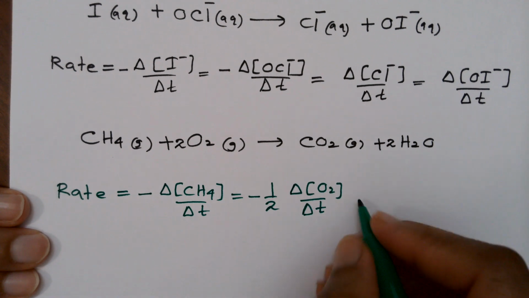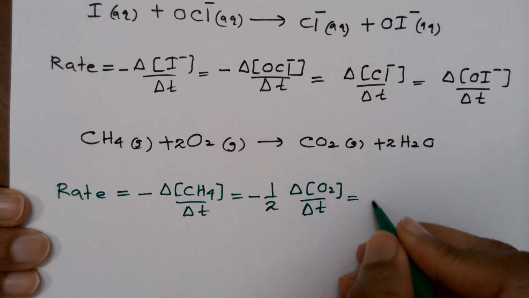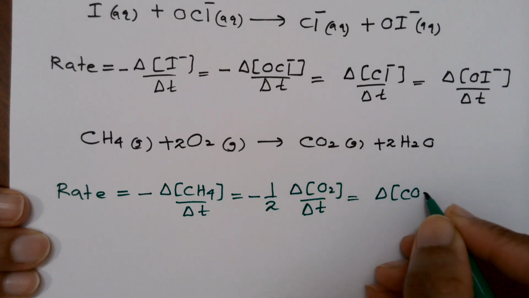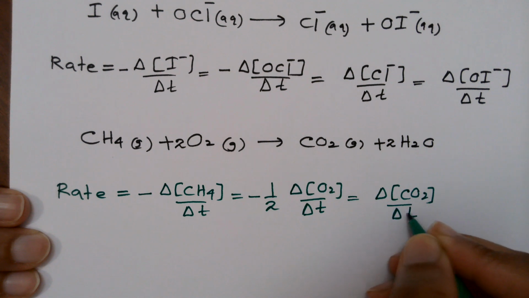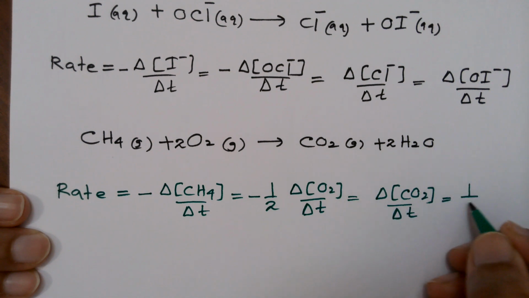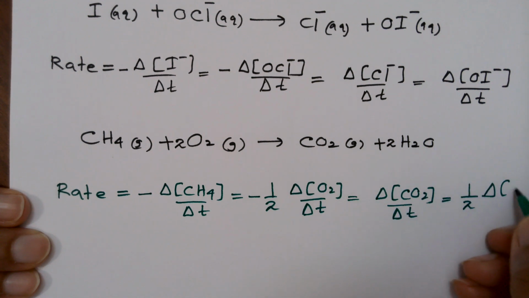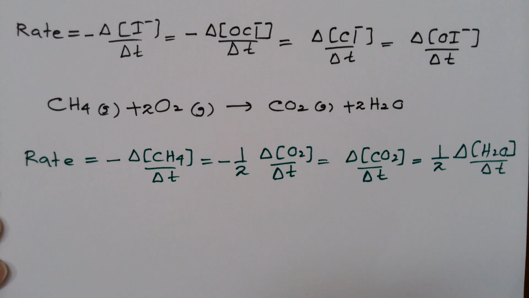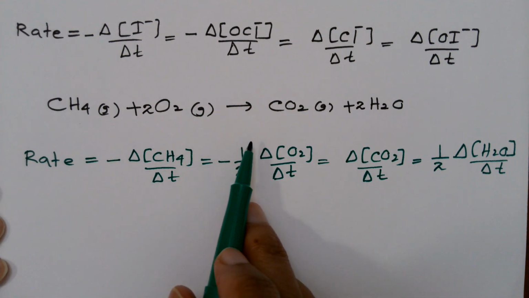And if you want to write in terms of carbon dioxide, it is positive because it is a product, change in concentration of CO2 with time is also equal to change in concentration of water H2O with time. This is the complete rate expression for this methane combustion reaction.